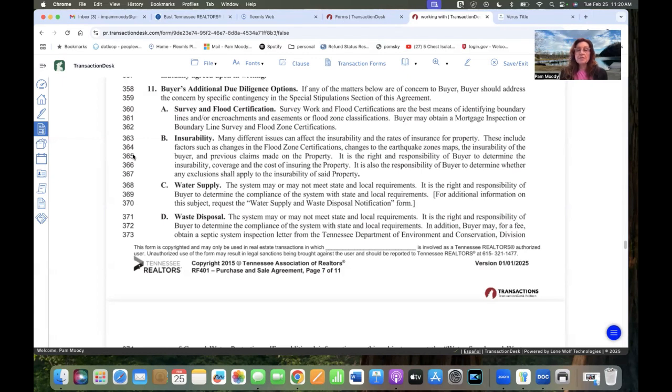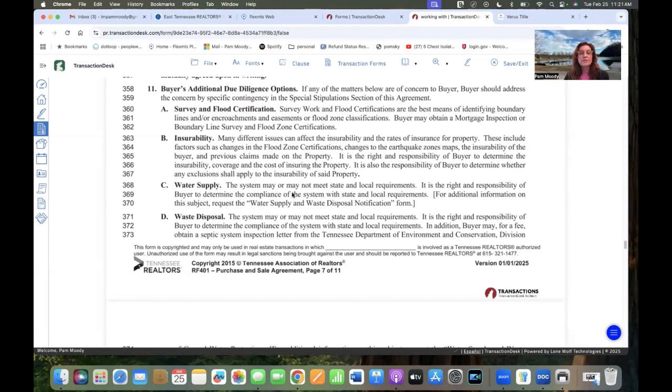It is also the responsibility of buyer to determine whether any exclusion shall apply to the insurability of said property. So earlier in this document, you had 14 days to get the hazard insurance. So this is all something that we shall take care of, because we want to make sure this is due diligence. These are options you get.